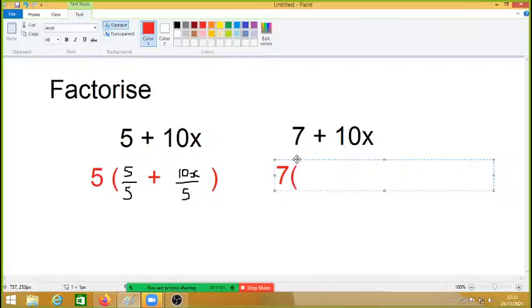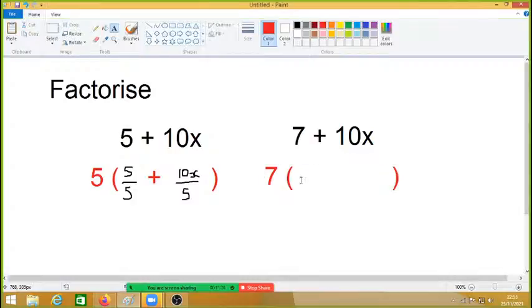Now we use the same technique and we say, what's going to be in the beginning part of the bracket in here? So you start with what you had. In this case, it's 7 at the front, which is 7. And then carry on. There was 10x. And what did I have at the front? I had 7. So dividing by 7.